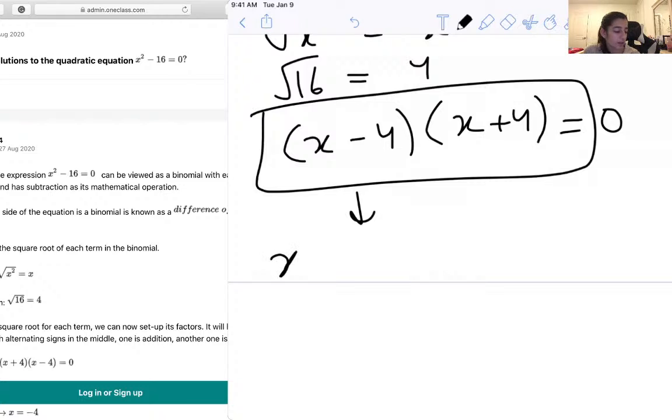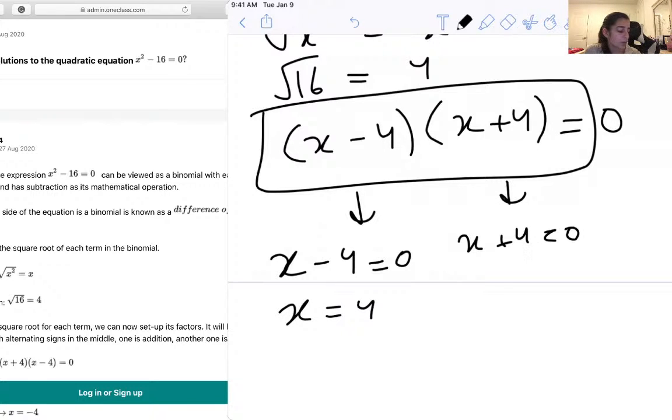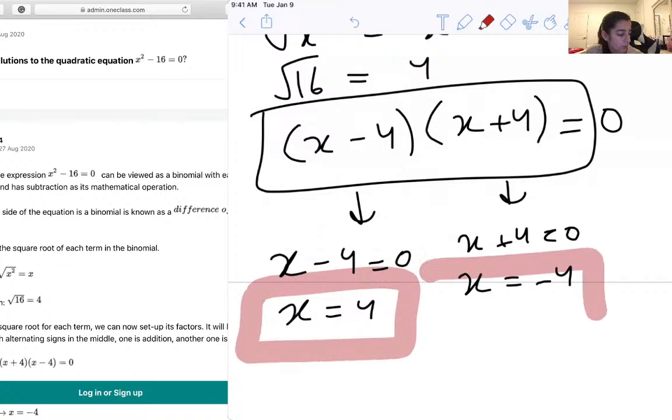And you basically say x minus 4 is equals to 0, and then you can just solve for x. So x is equals to 4 in this situation, and over here x plus 4 is equals to 0. When you isolate for x, you get x is equals to negative 4. And those are your two solutions.